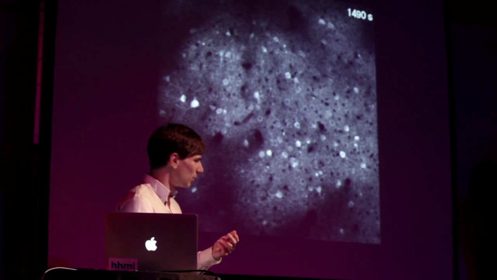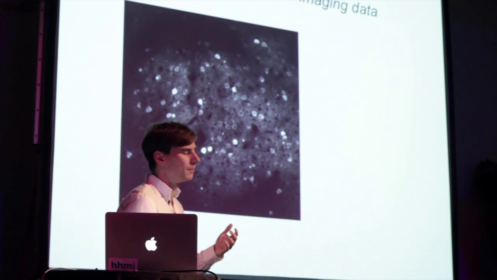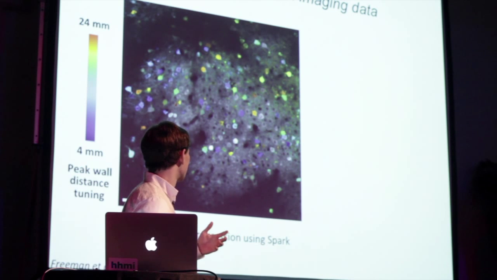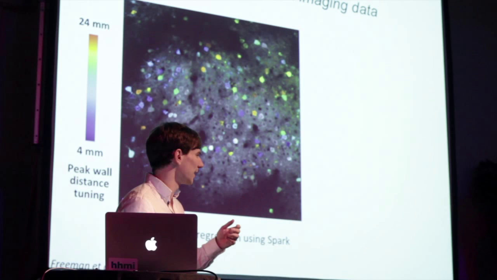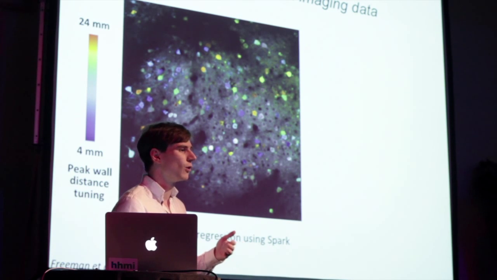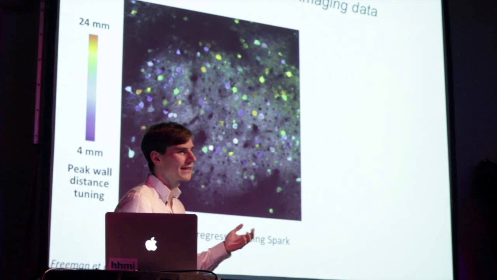behavior of the animal? What we have been doing is a pixel-wise regression analysis of the time series of each pixel with a behavioral variable of interest, in this case, where the wall is, using cluster computing, in particular Spark. Why this is necessary is these data sets are very large.